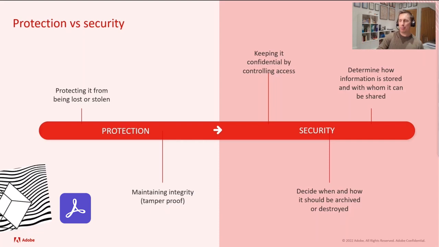But I can bet that if I switch this slide to another one, and if we move forward, many of you won't be able to remember the difference between those two. But I've got a good method of memorizing the difference between protection and security. Let's say at home you have a very expensive item, maybe a very expensive watch as a Christmas present, and you want to protect it at home, what would you do?